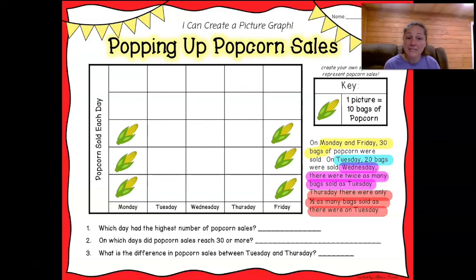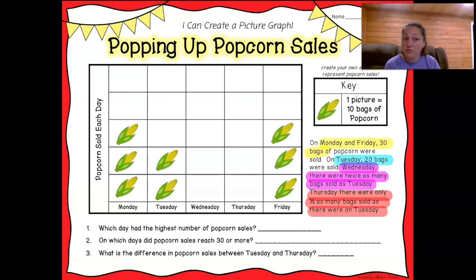Then Tuesday said that they sold 20 bags. Okay, so I would do 2 ears of corn. We'll do one there. And we'll do one right here. So Tuesday has 20. Now Wednesday, it says there were twice as many bags as sold on Tuesday.